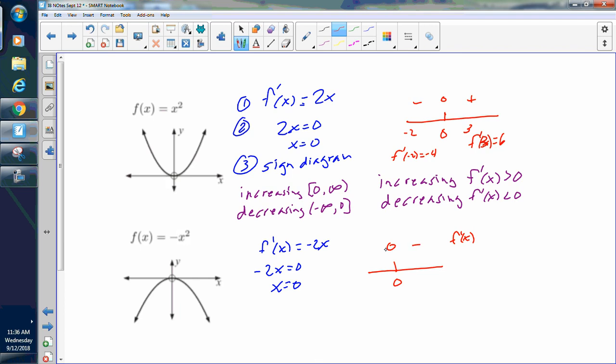Let me try that again. To the right is negative, to the left is positive. Increasing. This time we're increasing from negative infinity to 0, and we're decreasing from 0 to infinity.